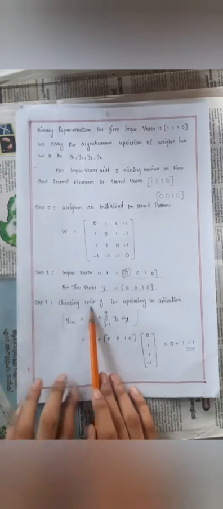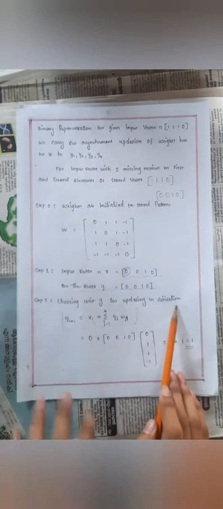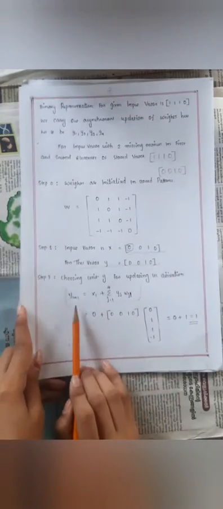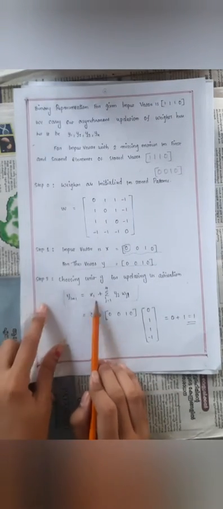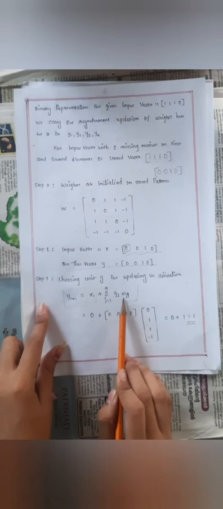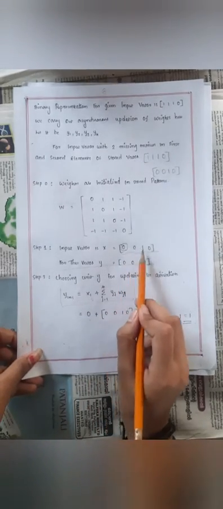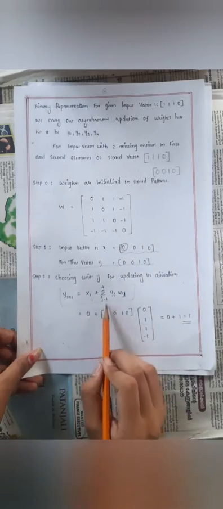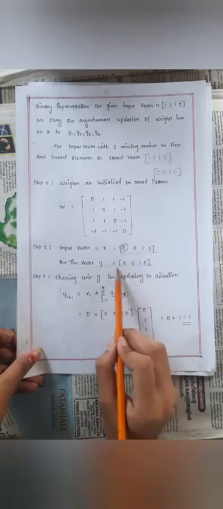Step 3 is choosing unit y1 for updating its activation. So here the equation is y_in1 is equal to x1 plus summation of j equal to 1 to 4 yj into wj1. What is x1? Here our x vector is 0 0 1 0, so our x1 is 0. So 0 plus, what is yj? Yj is this vector.